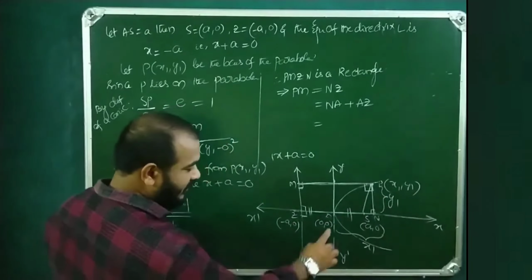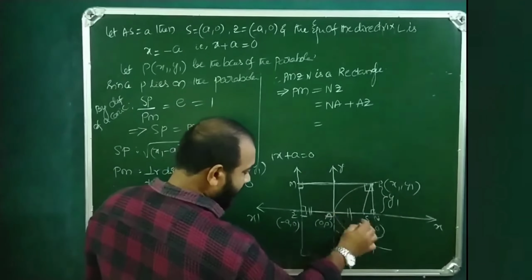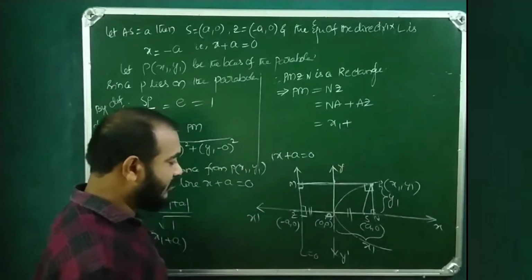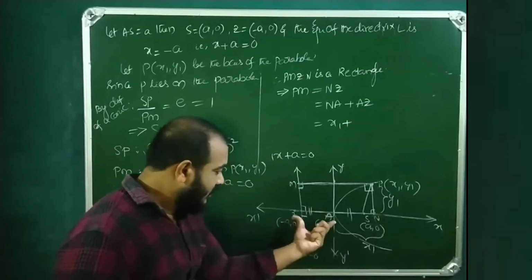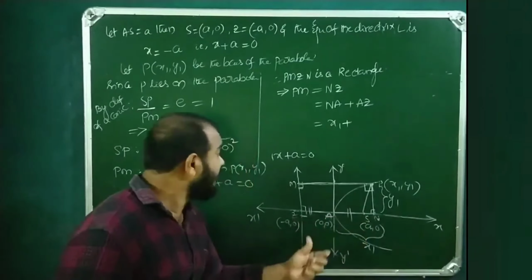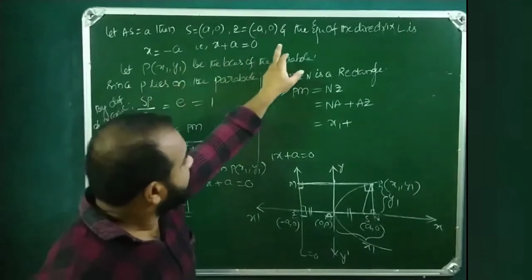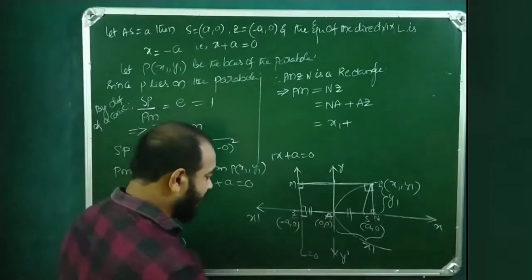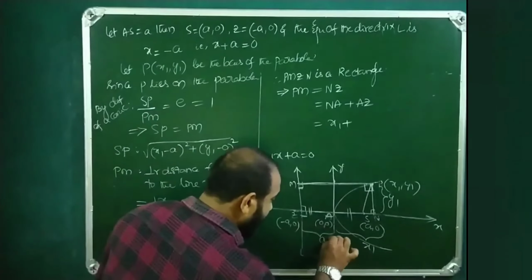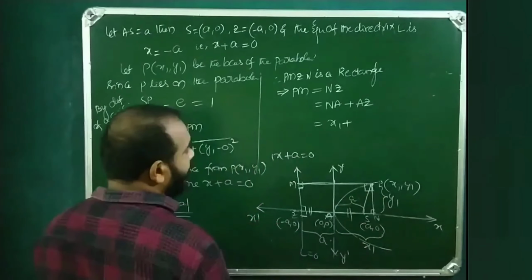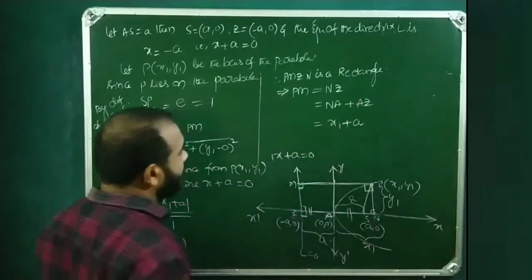So NA plus AZ, NA is x1 plus AZ. What is AZ? SA is equal to AZ, which is equal to A, as we have taken earlier. This is also A and this is also A. That means x1 plus A.